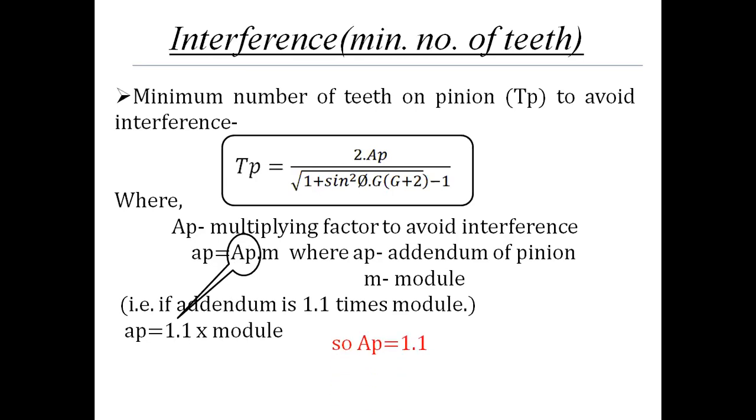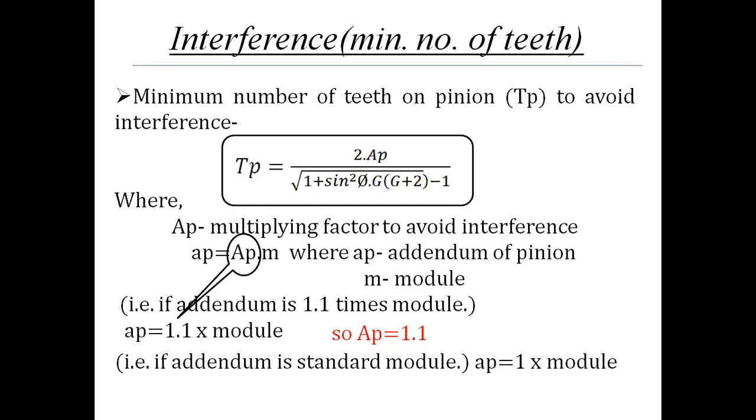Now, for example, if in the problem statement the data says the addendum is standard module, then the addendum of pinion is standard, meaning 1 into module.